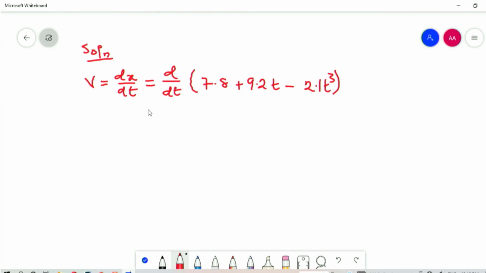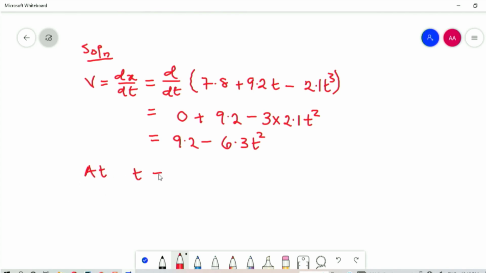If we carry out that differentiation, differentiating 7.8 gives us 0, because differentiation of a constant gives 0, plus if we differentiate 9.2t, it gives us 9.2, then minus, if we differentiate 2.1t cubed, it gives us 3 times 2.1 t squared. So v is 9.2 minus 6.3 t squared.